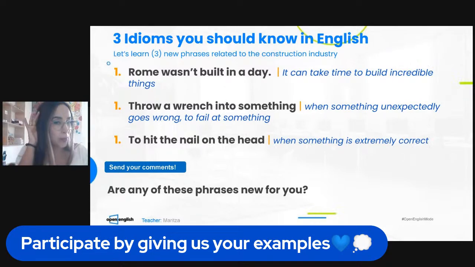For example, I wanted to have a picnic outside, but it started to rain. The rain really threw a wrench into my plans. So I'm not talking literally about a tool. I'm not talking literally about the action to throw. This means that something was unexpectedly ruined.